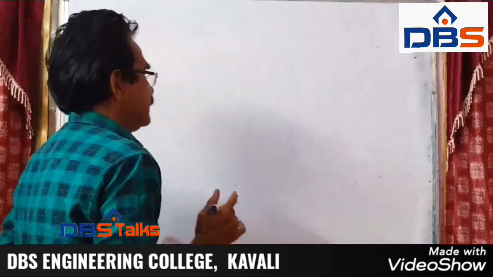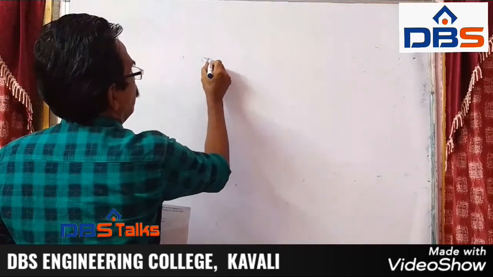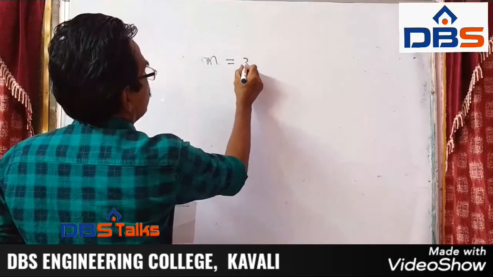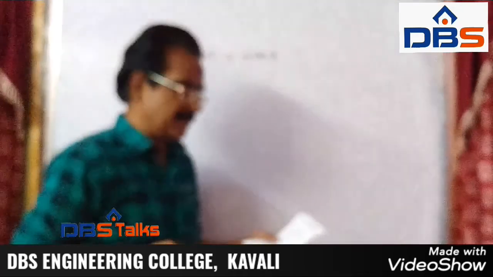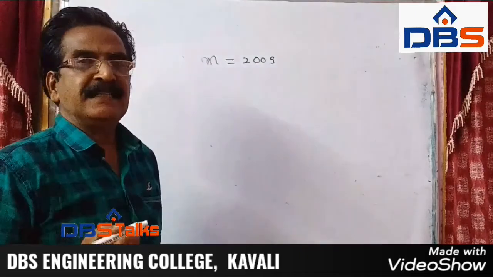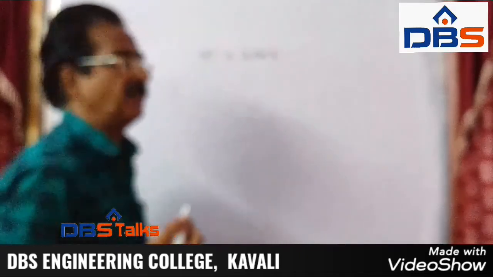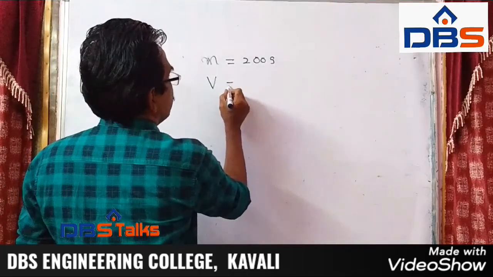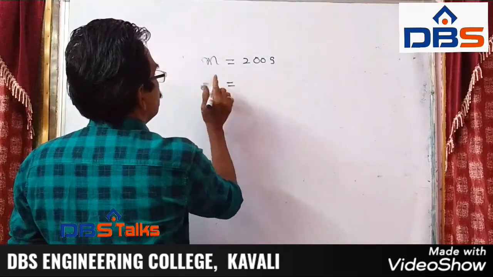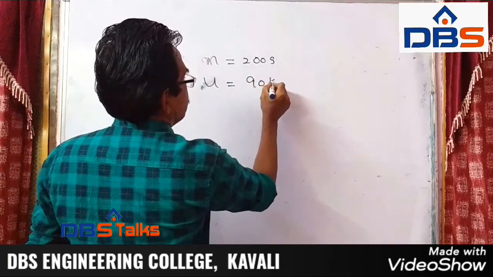Okay friends, see the mass of the ball is 200 grams. M is given, and the ball is moving with a velocity of u, 90 km/h.